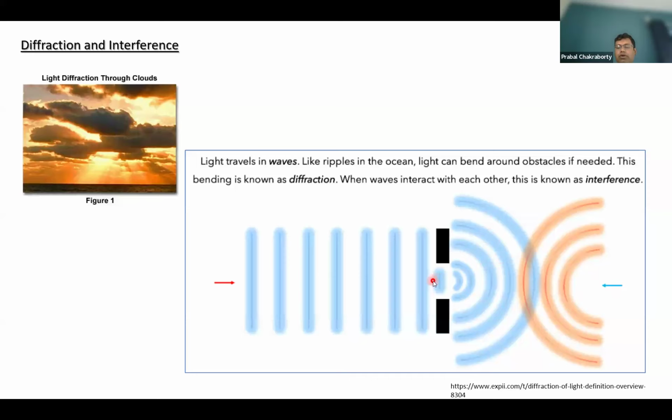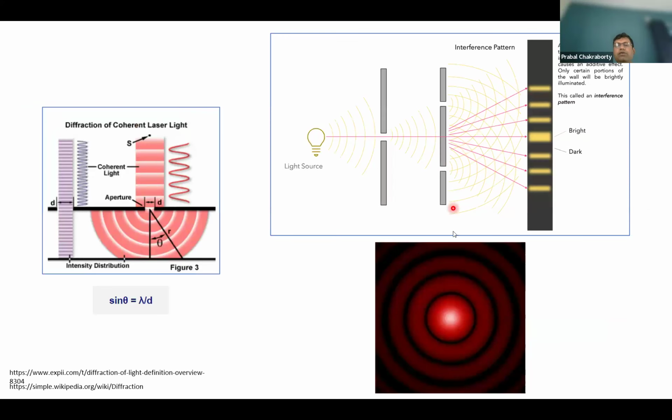And if we have two different openings, two wave fronts are created. Now these two wave fronts merge with each other in a positive and negative interference manner, and if you put an x-ray plate or some photosensitive film, you can see this kind of pattern.